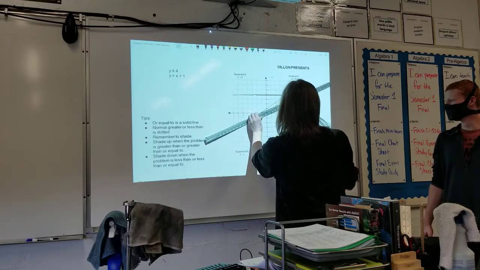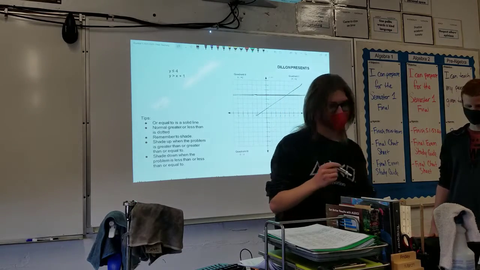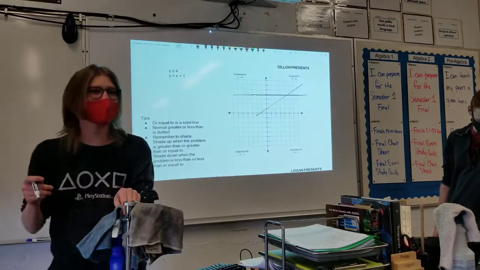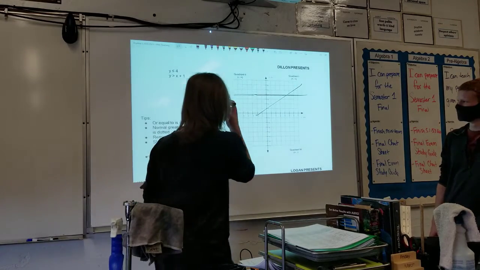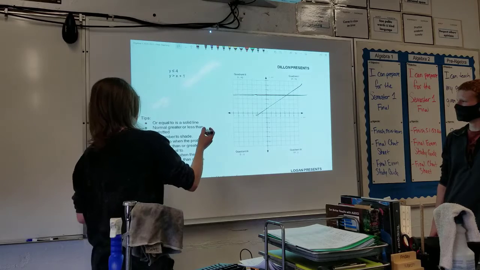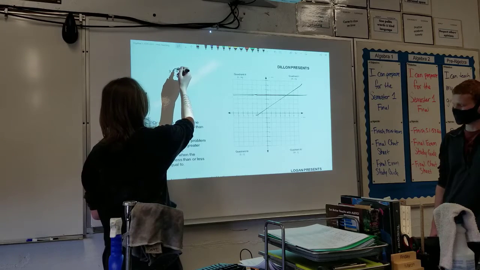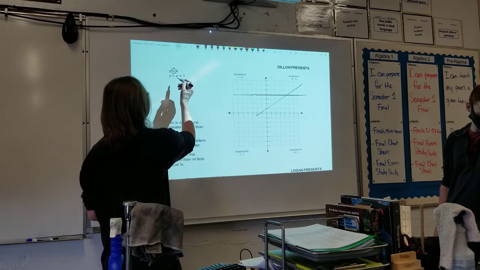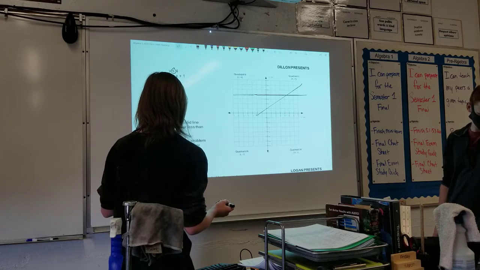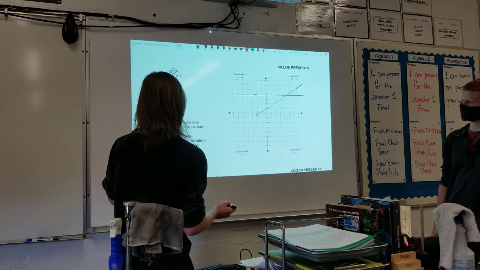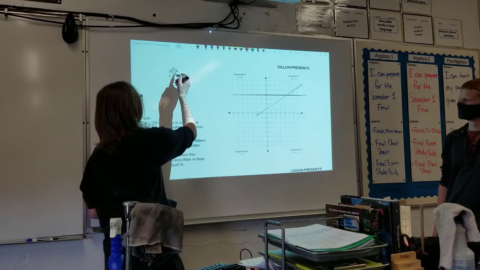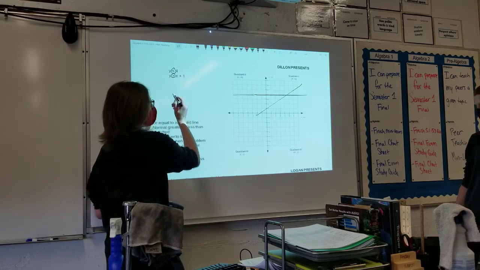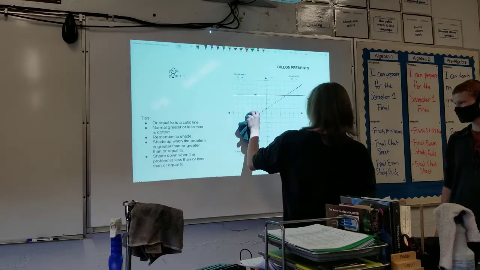Oh wait. Okay, I may have forgot something. That's my bad. I forgot you have the dotted lines and stuff. So as I wrote down here, if it's with the line under, then you don't need to dot it. And if it doesn't have the lines, you don't need to dot it.